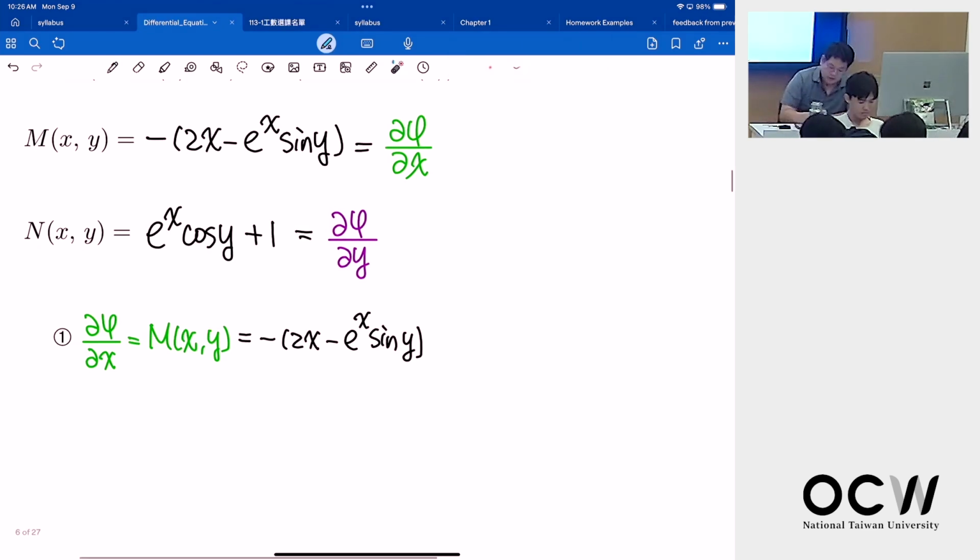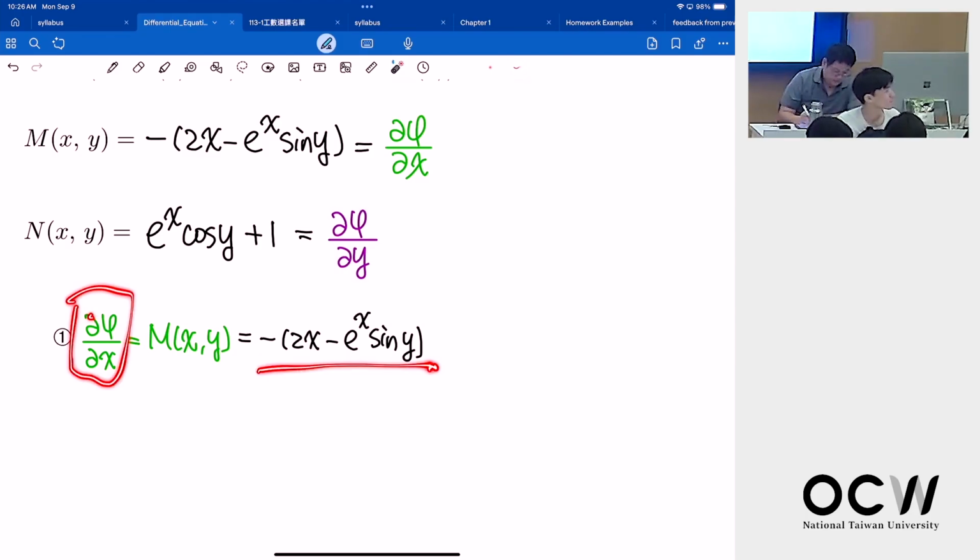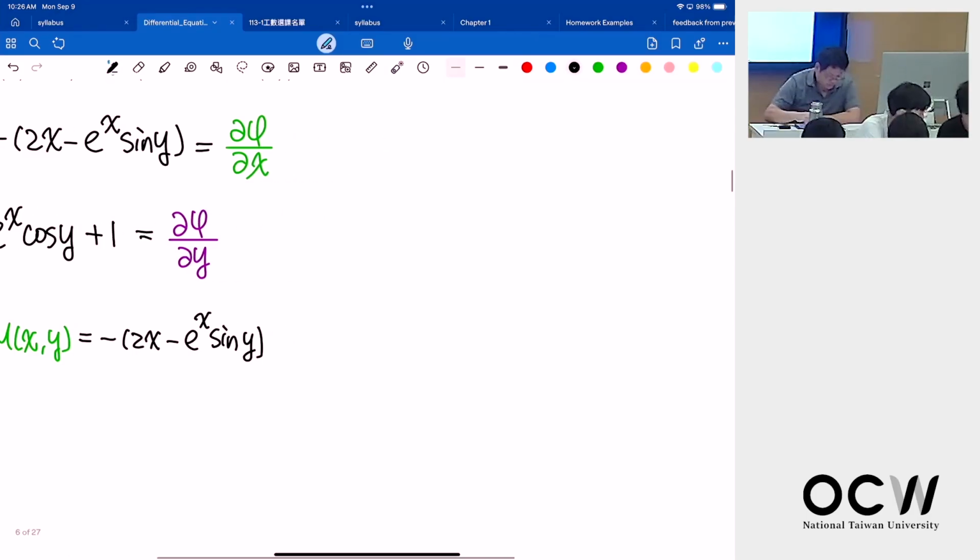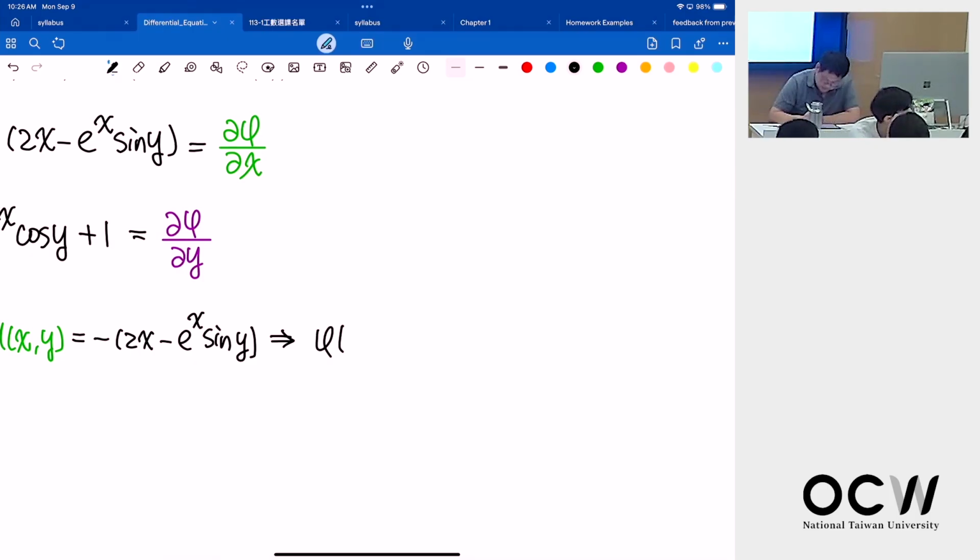Okay, look at this function. Partial phi over partial x equals this. Then I can take the integration to get the potential function. So the potential function, you take the integration.